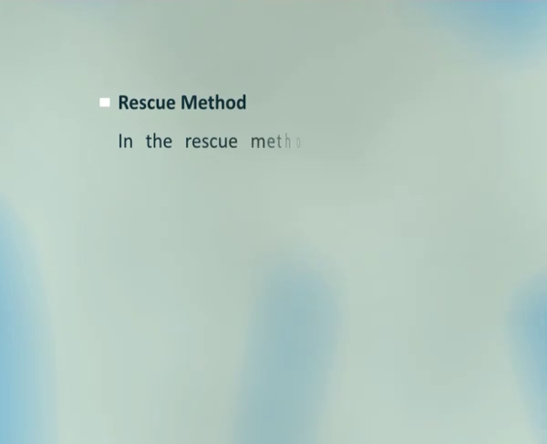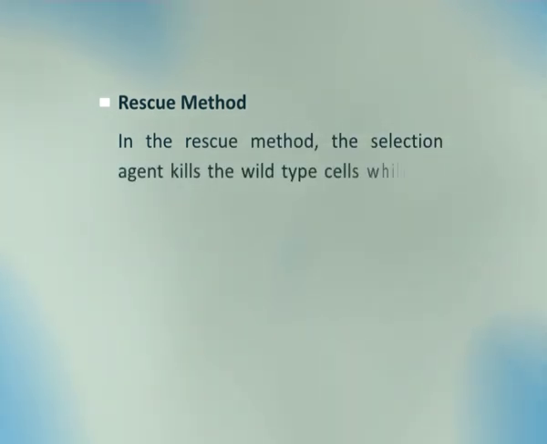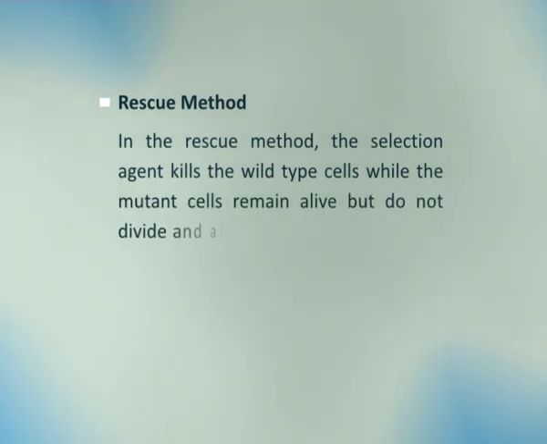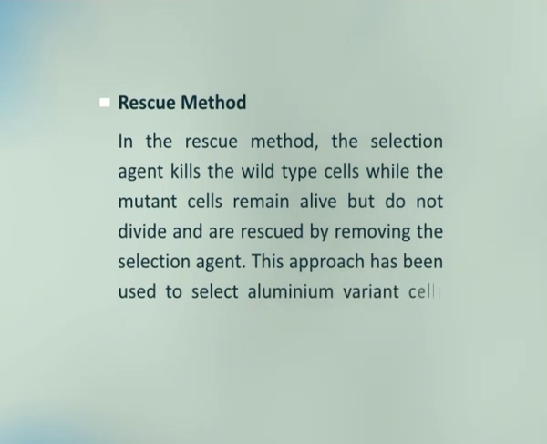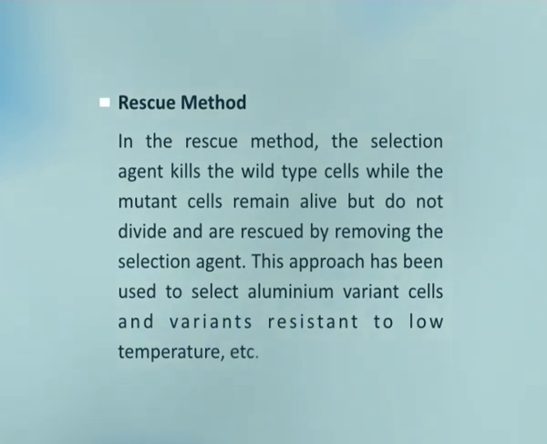In the rescue method, the selection agent kills the wild type cells while the mutant cells remain alive but do not divide and are rescued by removing the selection agent. This approach has been used to select aluminum variant cells and variants resistant to low temperature, etc.